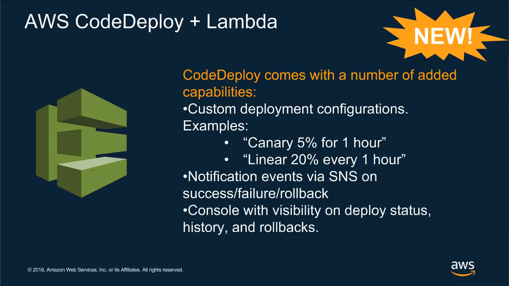And so you can have very easy visualizations of your deployments, of the status of them, if there were any rollbacks. And so it makes life just a little bit easier when it comes to thinking about how to deploy things. And so again, you can leverage the capabilities built into SAM to automate this process, or you could essentially configure and do your own inside of CodeDeploy. It's completely up to you.